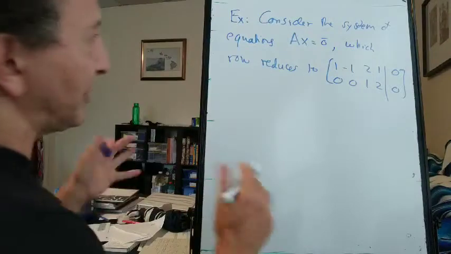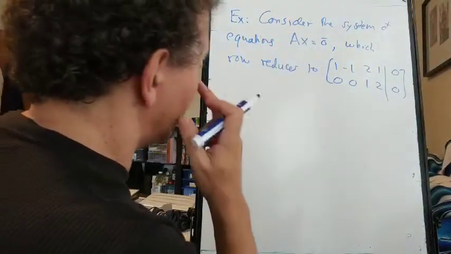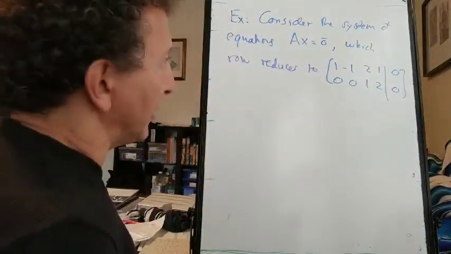So whatever the original system was, this is what happens after row reduction, the row echelon form.